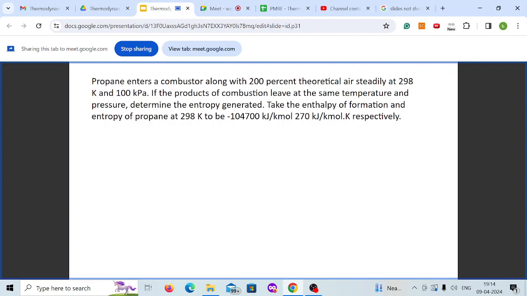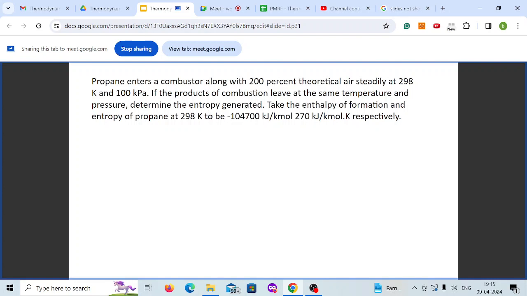Propane enters the combustor along with 200% theoretical air steadily at 298 Kelvin and 100 kilopascal. So propane is combusting and twice the stoichiometric air which is required is supplied at 298 Kelvin and 100 kilopascal. The products of combustion leave at the same temperature and pressure.